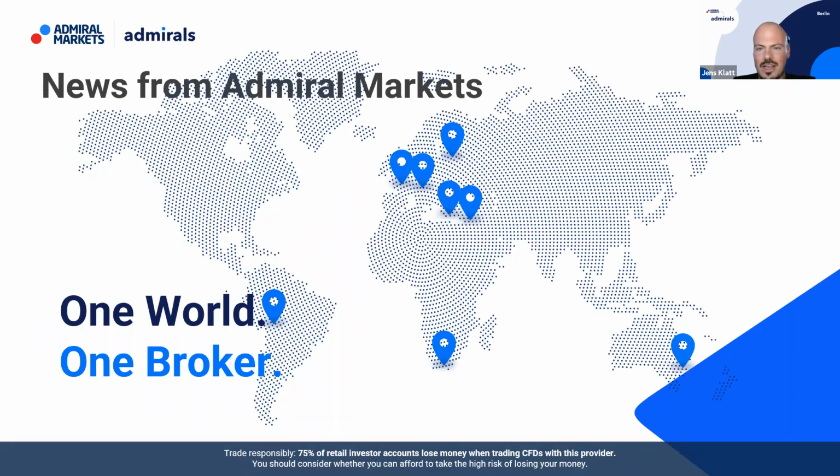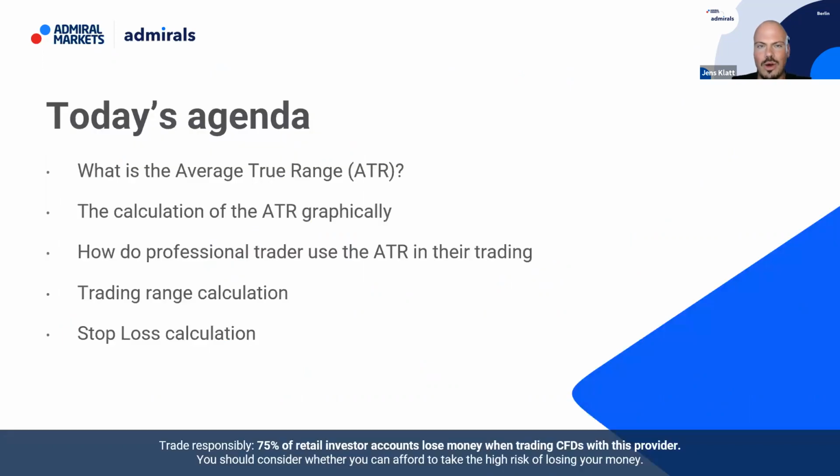Here the regulatory bodies can be found. It's not just FCA regulation, but also ASIC in Australia and CySEC for the European Union, where the keyword is Brexit, but also Jordan, for example, with a regulatory entity. Further information can be found on the website. And now we want to dig into today's agenda.